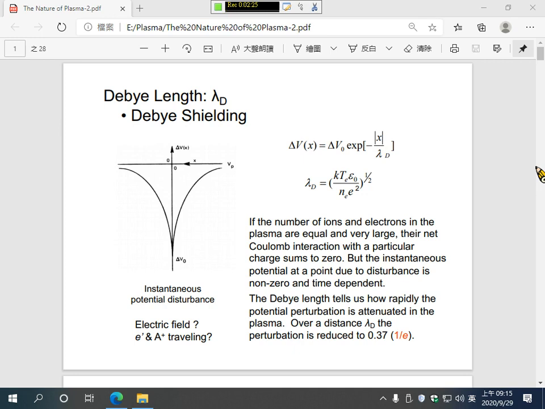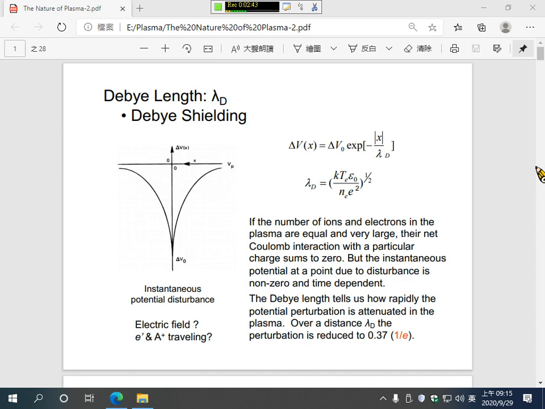disturbance of potential. If there is a charge, a negative charge, electrons or positive ions, right?